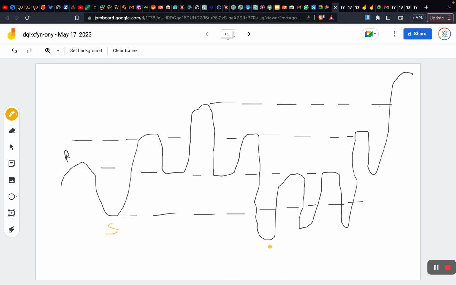Resistance, support, resistance, support, and then support.